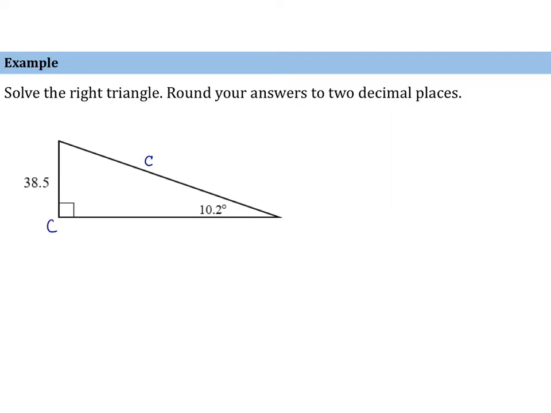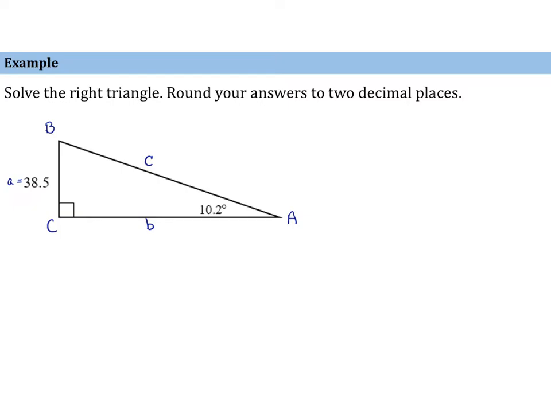It doesn't matter which one is which at this point. So we can call this A, that would be the angle, and then a lowercase a for the side, which means this angle will be B, and the unknown side will be lowercase b.